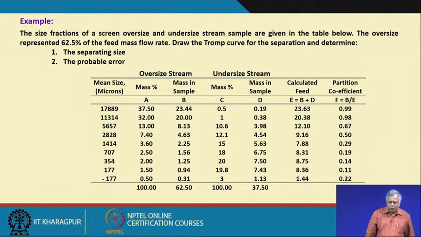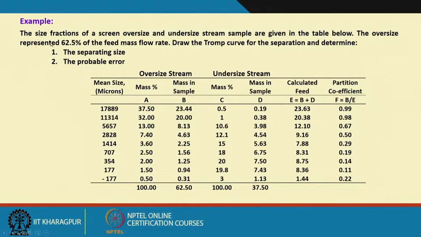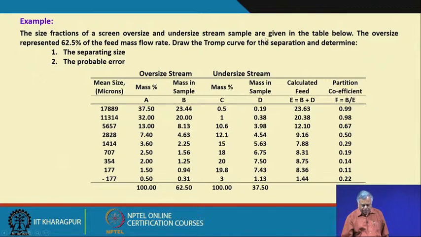Now, with an example, I think it can be explained in a proper manner. If I put some numbers, it will be easier for explanation purposes. That is why I have straight away come to this problem. Example: the size fractions of a screen oversized and undersized stream sample are given in the table below.